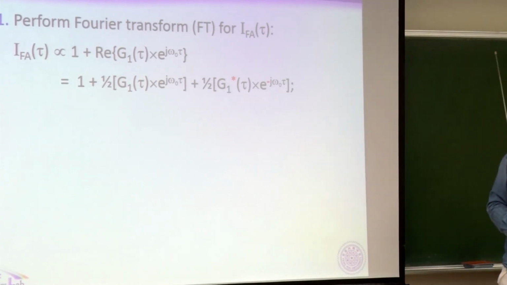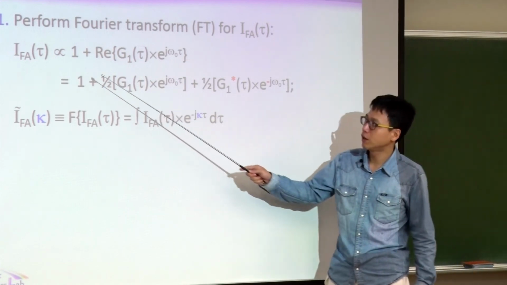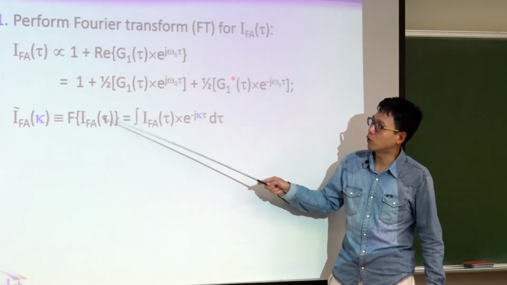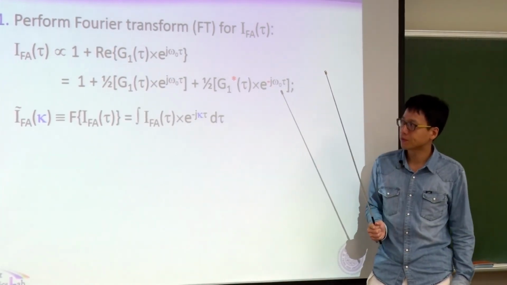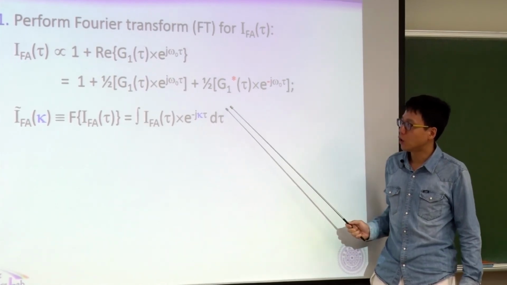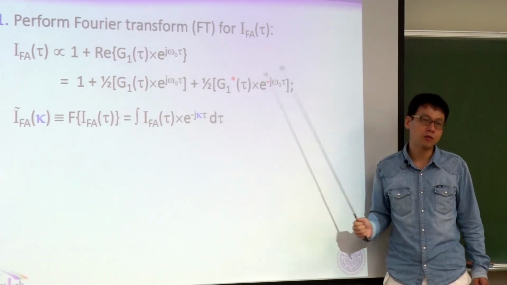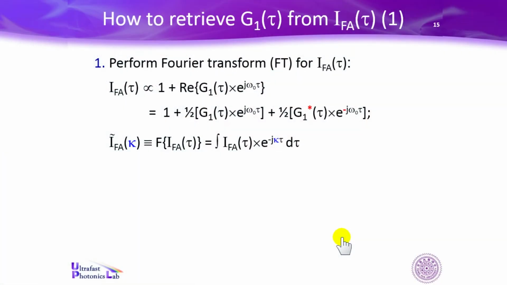Then we take the Fourier transform of the data trace, and by definition it's the integral of the data trace times the kernel function of the Fourier transform. Here I use another symbol kappa to denote the counterpart variable of tau.